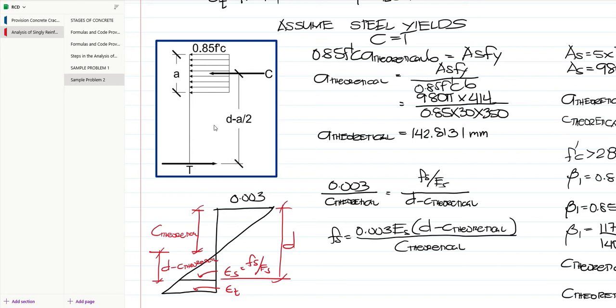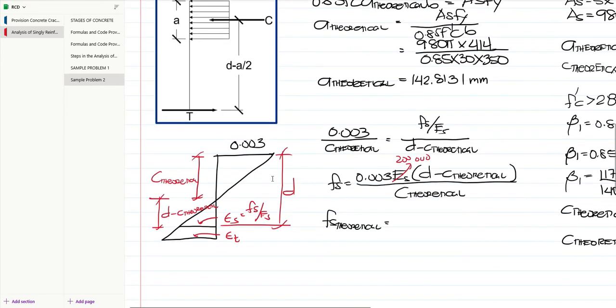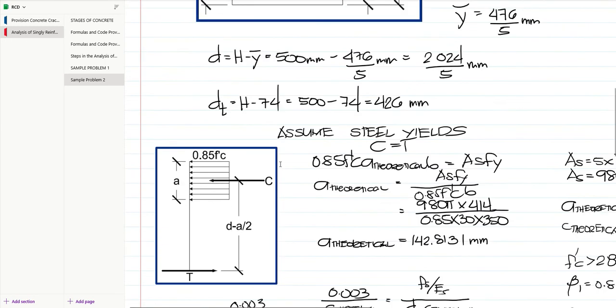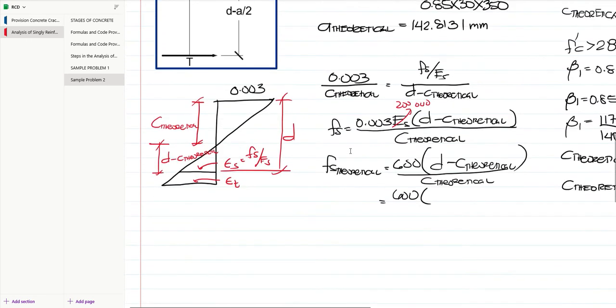So, that will be Fs now na theoretical natin is equal to, syempre, yung Es dyan magiging 200,000. And if we multiply that by 0.003, it will yield a value equivalent to 600 times D minus C theoretical over C theoretical. So, substituting the values, that is 600 times yung D natin na kinumpute kanina, which is 2024 over 5.